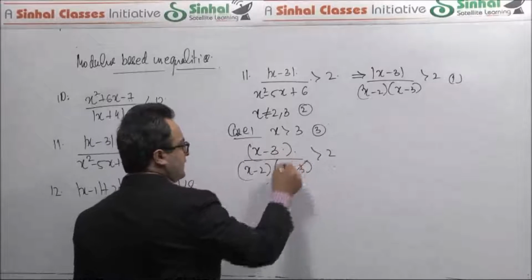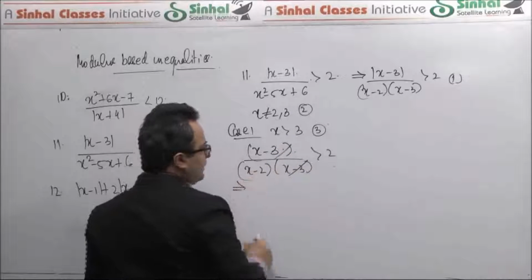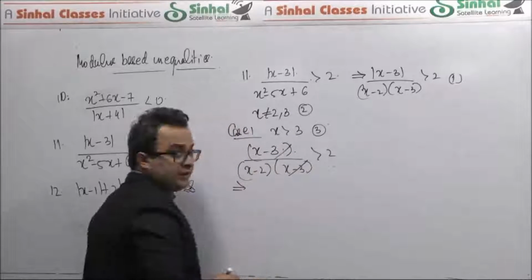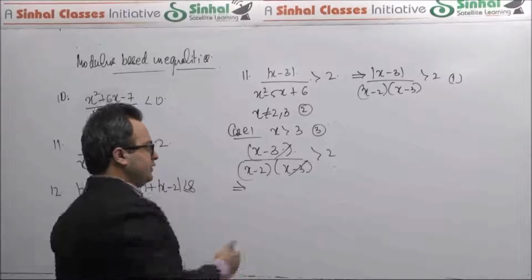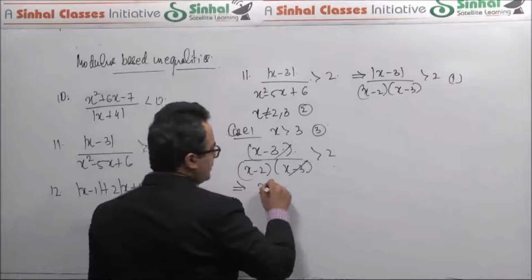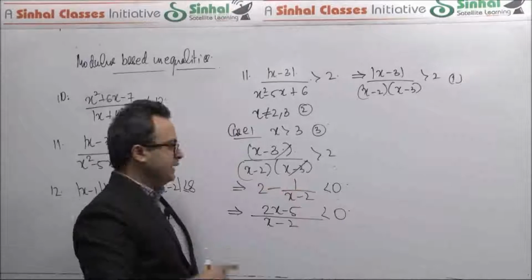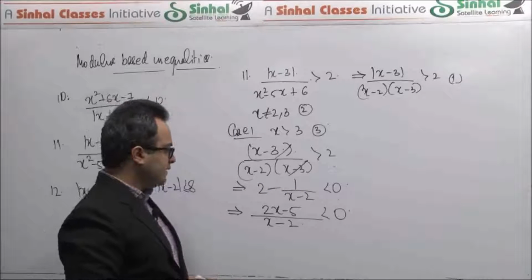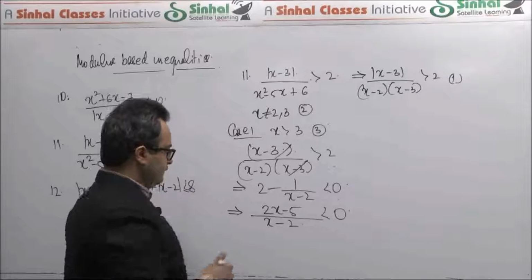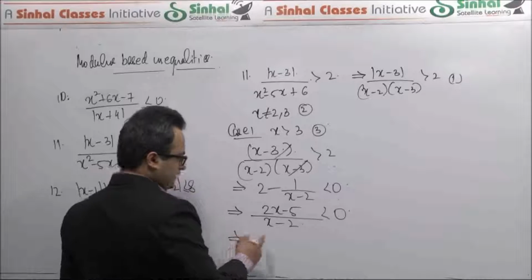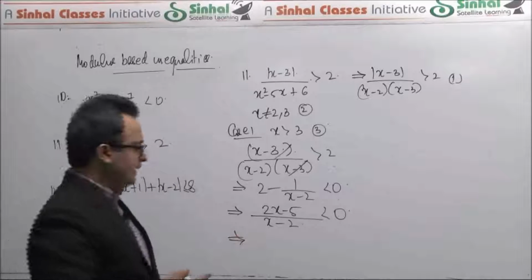So I can cancel out the common factor. From what we have discussed, we have to be careful. You cannot cross multiply by x minus 2 because x minus 2 could be positive or negative both. So the idea would be to get all the terms to one side. When I take all the terms to the right hand side, this is the reduced form for the inequality. The wavy curve method would be applicable over here.